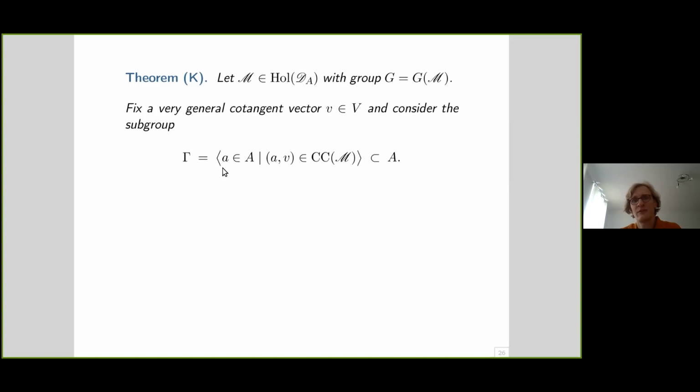So you take all points a which live in this fiber of the Gauss map for a very general v. So this is then a finitely generated subgroup of the abelian variety. And so we can look at its group ring. And it turns out this group ring receives a natural homomorphism from the Grothendieck ring of representations of G.